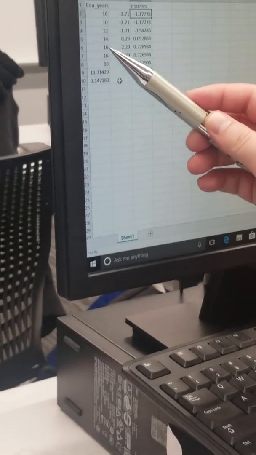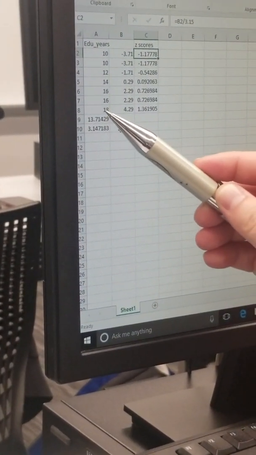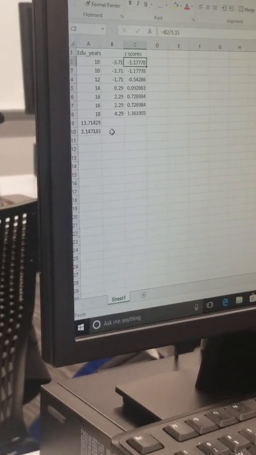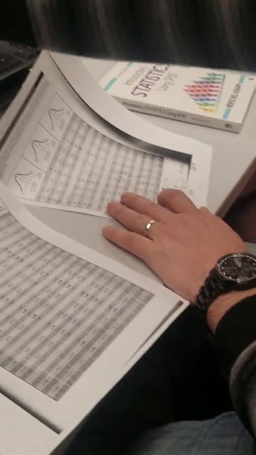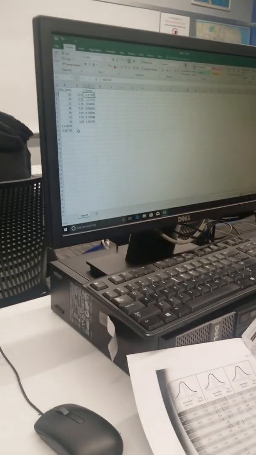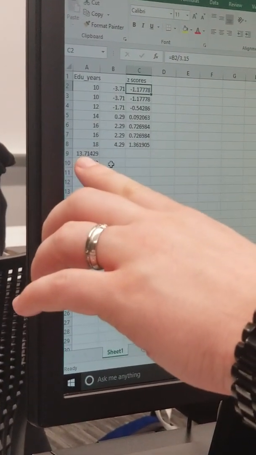If we go here to 16 years, let's go to 18 years. So that's 1, that's 2. So they're 1.36 standard deviations above. 18 is more than 13.